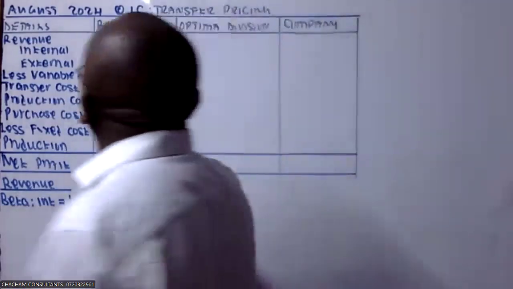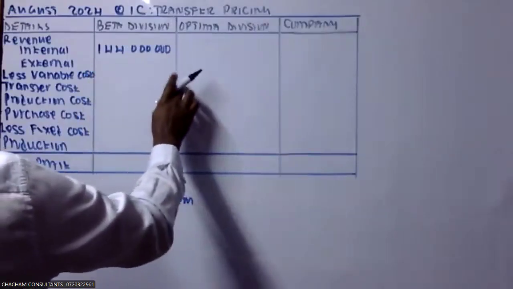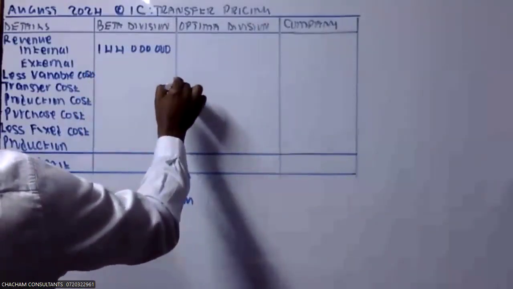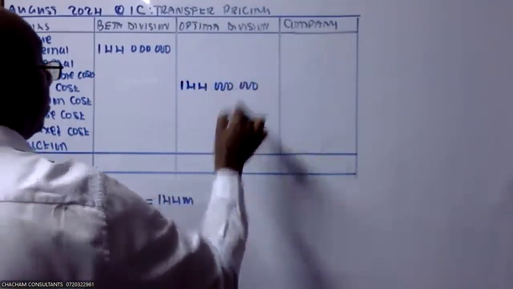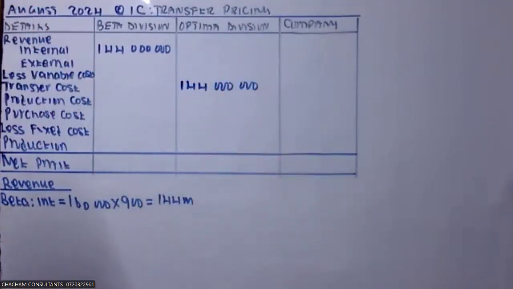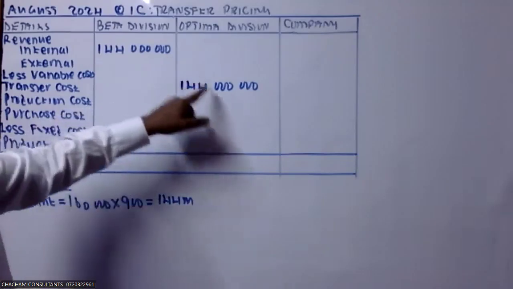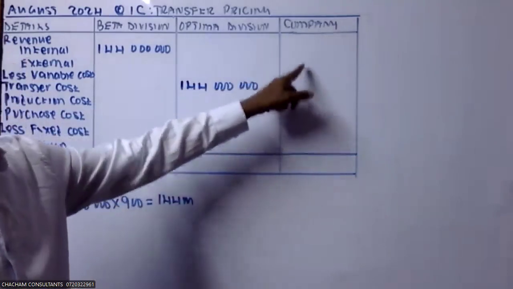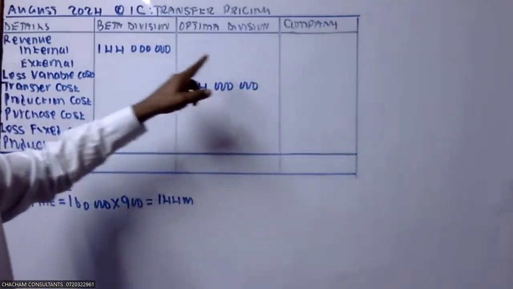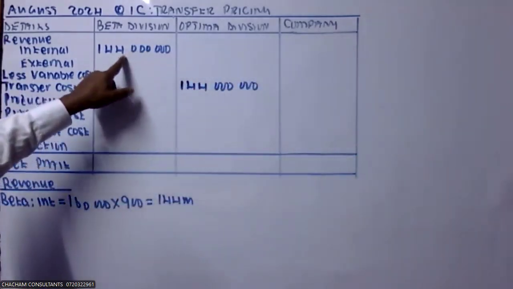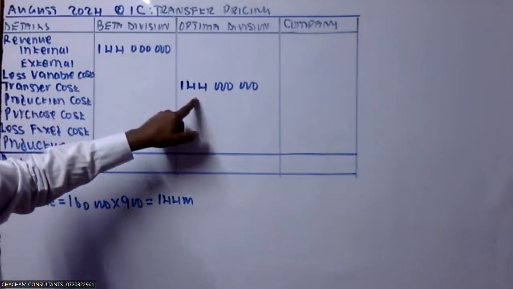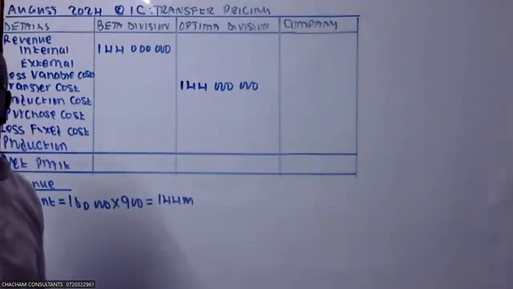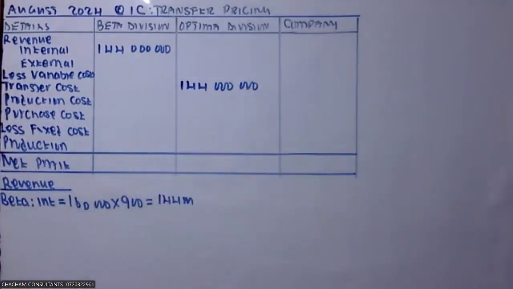So this 144 million ndio hii transfer cost hapa kwa Optima. But it has no impact on the company. So this one and this one will not find their way in the company.